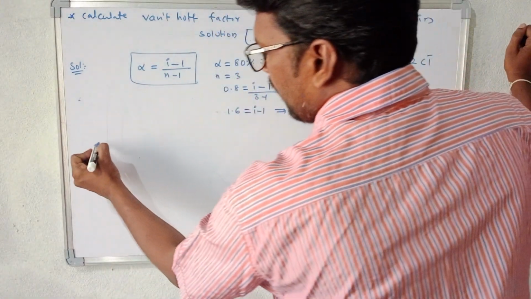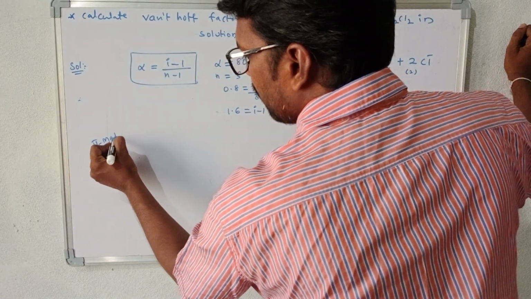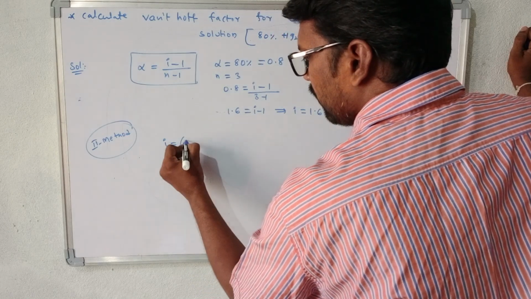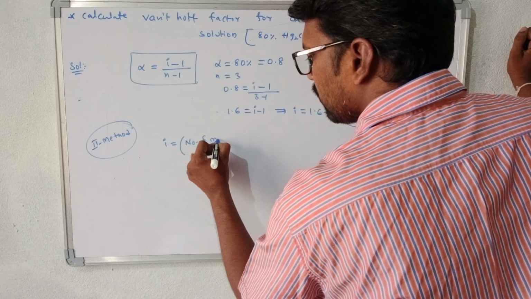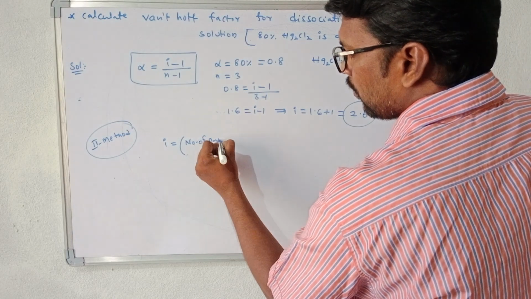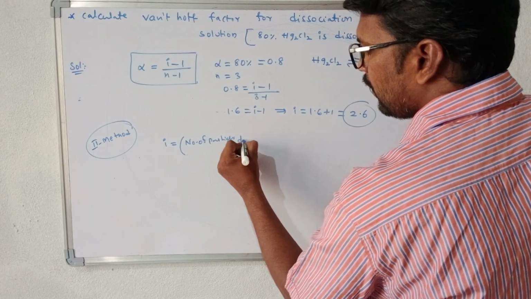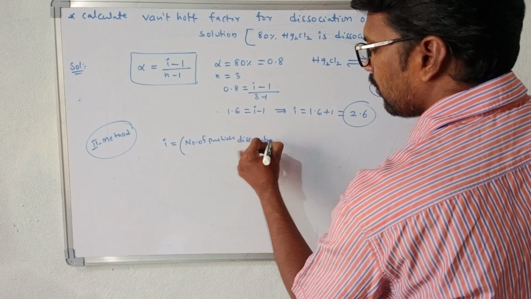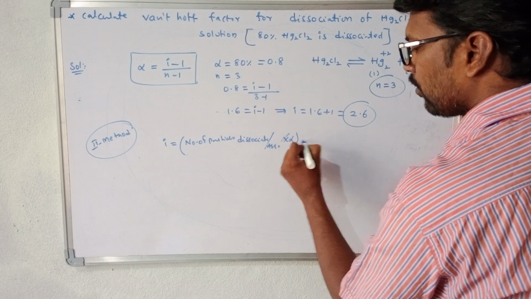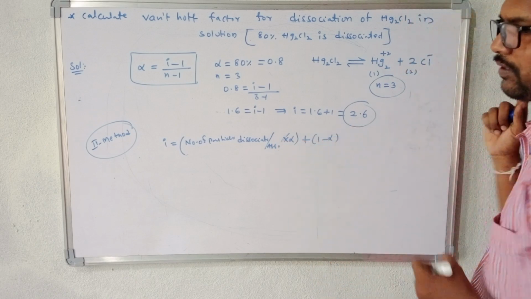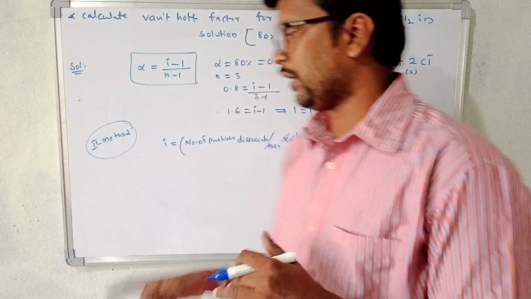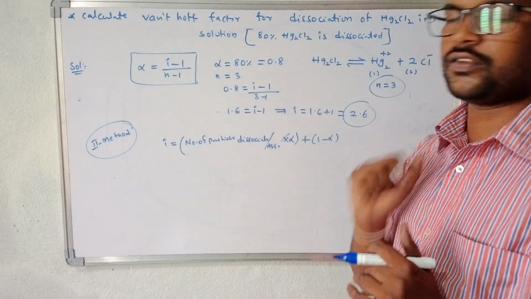It is one method. Or if you want to find it directly, we use another method also. The van't Hoff factor i is equal to the number of particles dissociated or associated into alpha plus 1 minus alpha. This is the formula. So here it is dissociated, so we consider dissociation only.